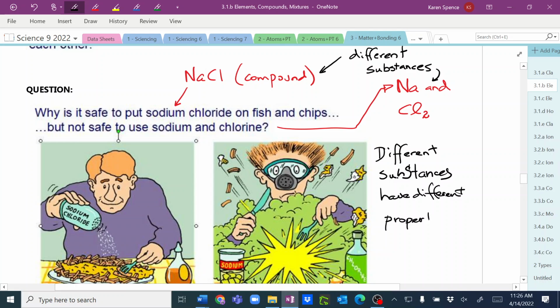So for example, the property of sodium chloride is that it tastes like salt. Yum. Now, if you were to put sodium and chlorine together in the same space, it would literally explode because those two things are very reactive with each other.